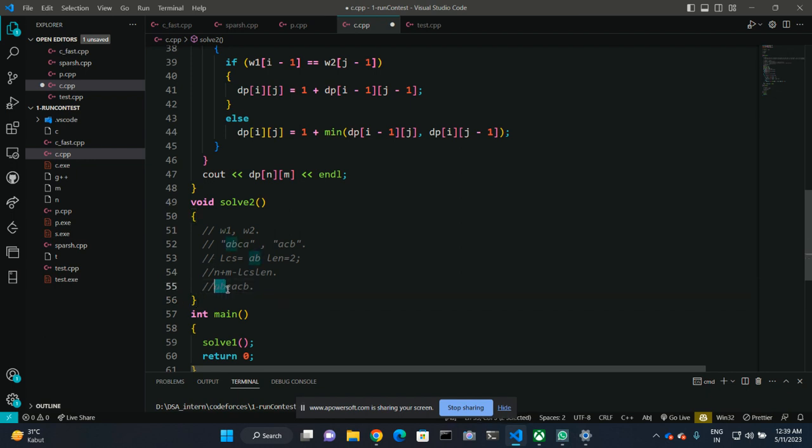Should we remove this AB or should we remove this A and this B? A, B. Okay. Let us prove why it is working.